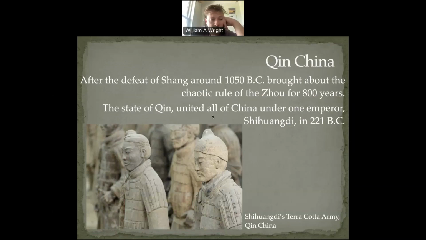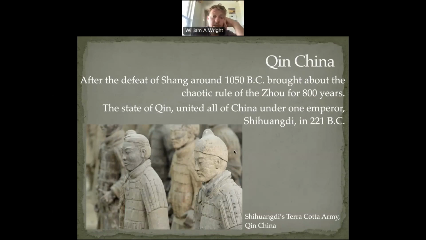And then as the second millennium ends, the Shang are defeated around 1050 BC, and this brings about 800 years of the Zhou, which, as far as I know, is really just a word for this chaotic time of a bunch of different dynasties, all vying for power at the same time. It's sort of feudal for about 800 years.